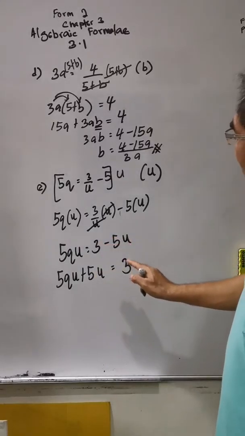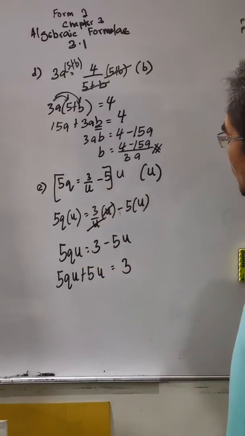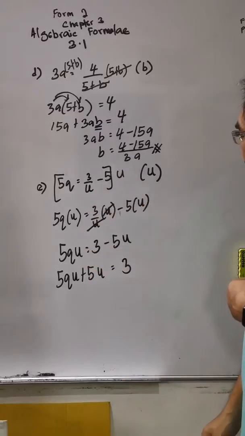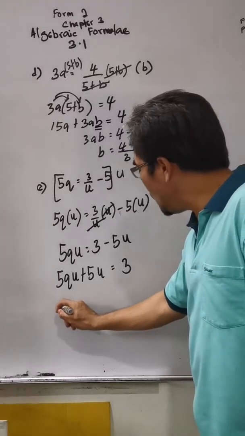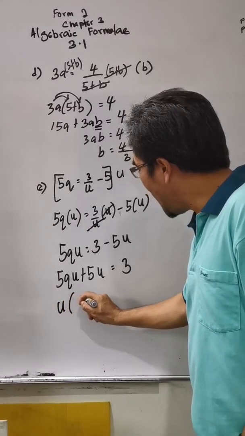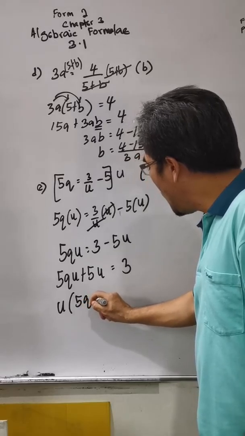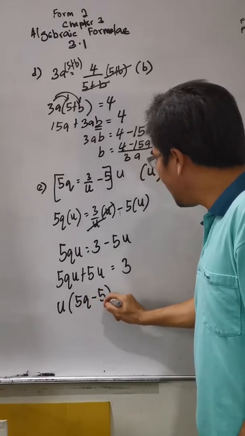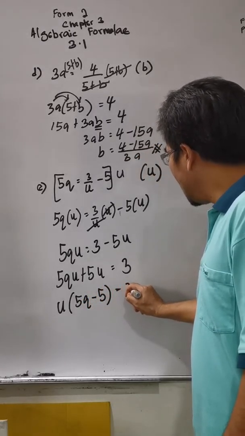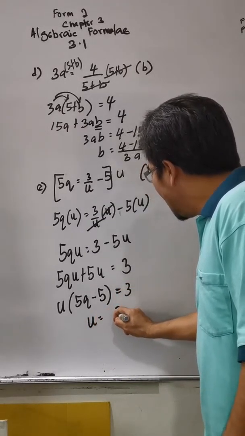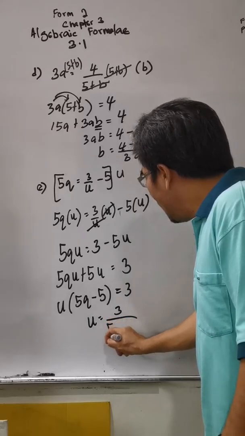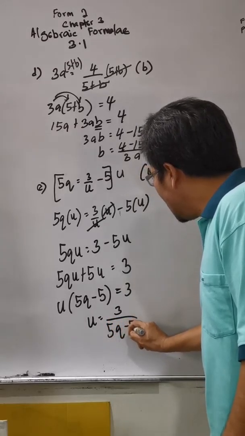Factorize is like what you learned in chapter 2. So factorize: U bracket 5Q plus 5 equals 3. So U will be 3 over 5Q plus 5.